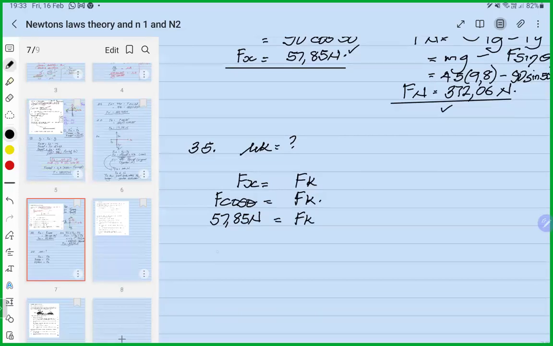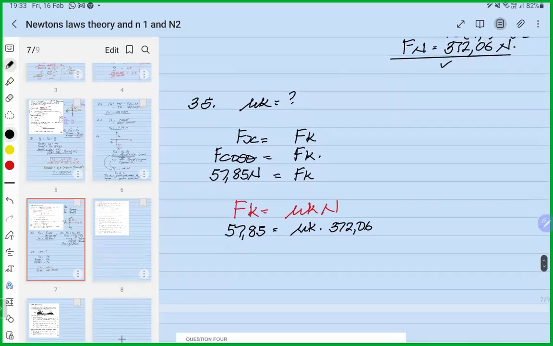So to get your mu k now, we go back to the equation for kinetic friction, which is your mu k multiplied by N. You're going to put 57.85 here is equal to mu k, which is what we want to calculate, multiplied by your normal, 372.06. So 0.16. Thanks, sir. Yes.